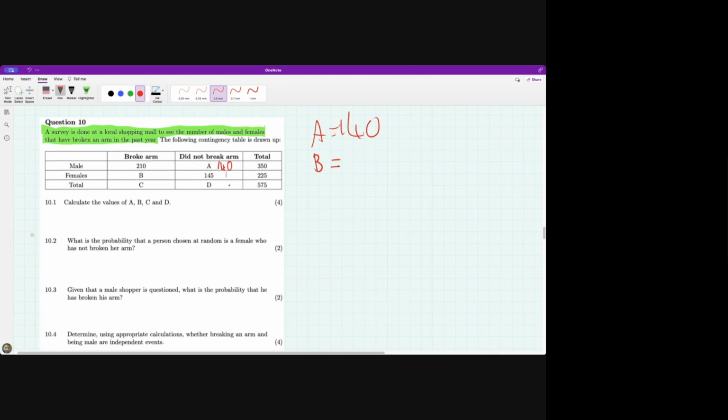If I take away 145, 225 minus 145, what's left will be B. So that will be 80. Well, then C must just be this plus this, which is 290. So that's all good. And D is also just going to be adding the two together. So D is going to be 285.